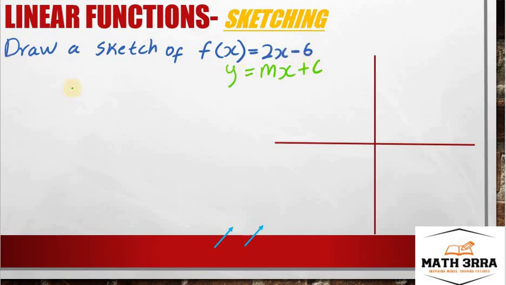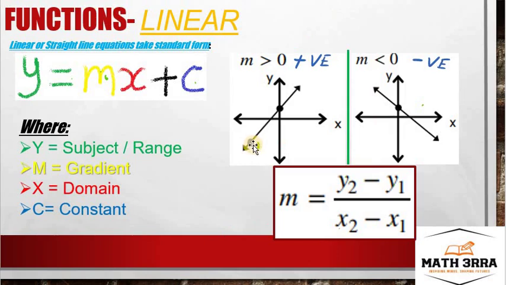So this then means, since the standard form we are given here is of a straight line graph, we need to remember a few things as they pertain to a straight line function.